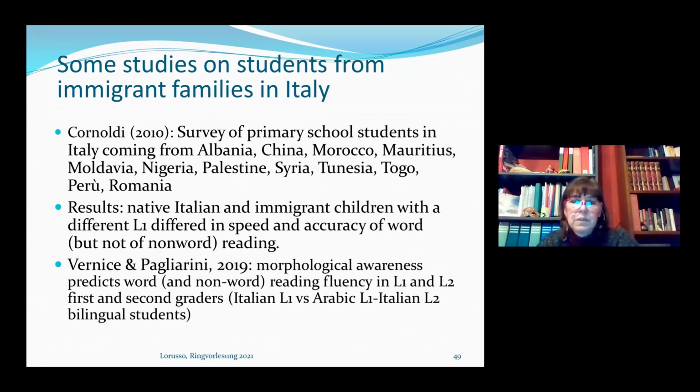Other studies further support the use of this test, showing that children from immigrant families do not have any problem in non-word reading. So again, if a child has a low score in non-word reading, it should not be attributed to bilingualism.